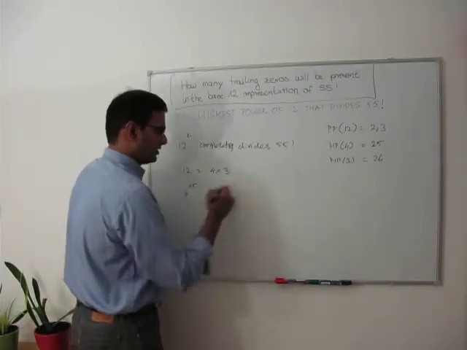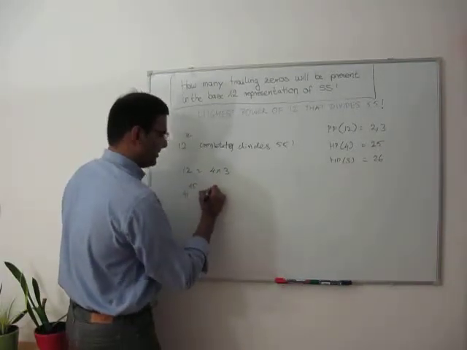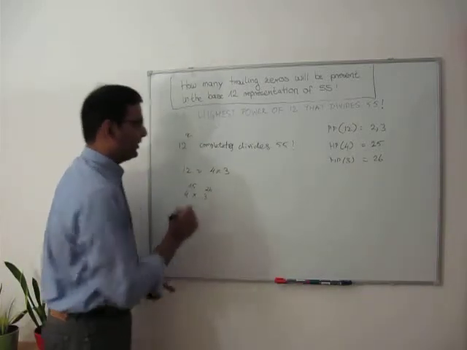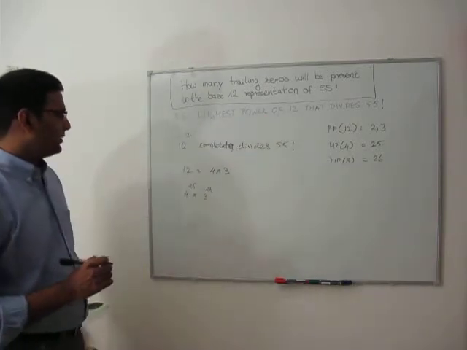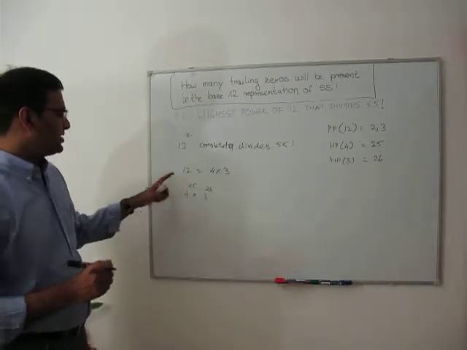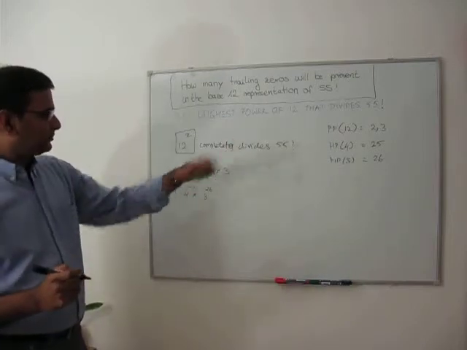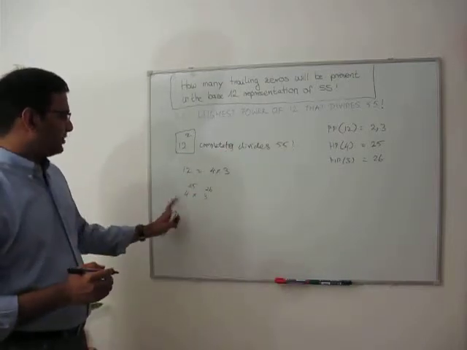Similarly 3 power 26 completely divides 55 factorial. The product of these two numbers also completely divides 55 factorial. So what we are interested in is the highest power of 12 that completely divides 55 factorial.